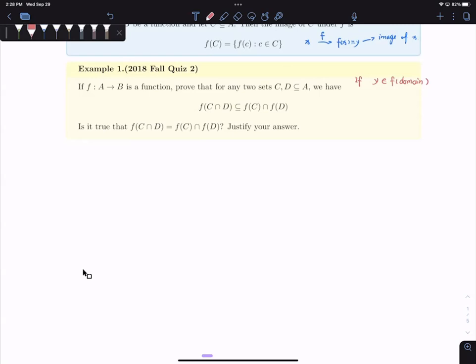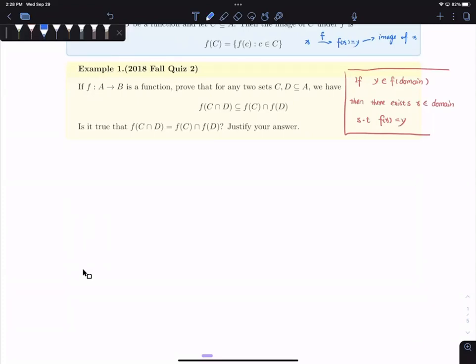In other words, this means that there exists x in the domain such that f of x equals y. And this is really important. This is by definition of image, and that's going to be helpful for this question.